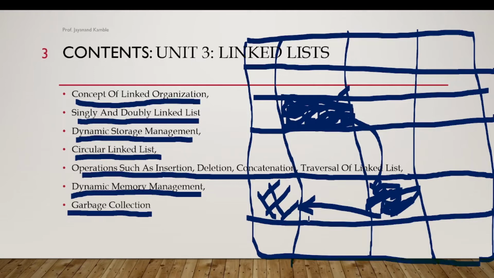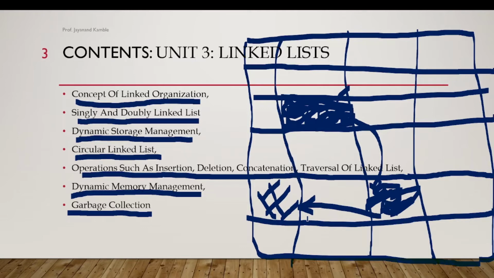If every integer element requires 4 bytes, then 2004 will be the starting address of the next element. So 2000, 2004, 2008, 2012, 2016 are nothing but contiguous memory blocks, and that is in case of sequential organization.